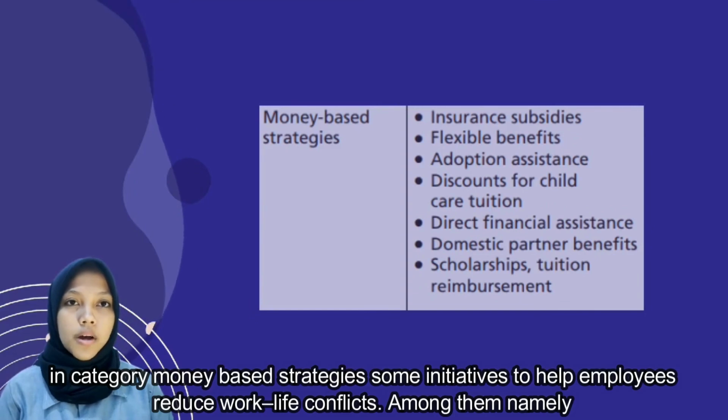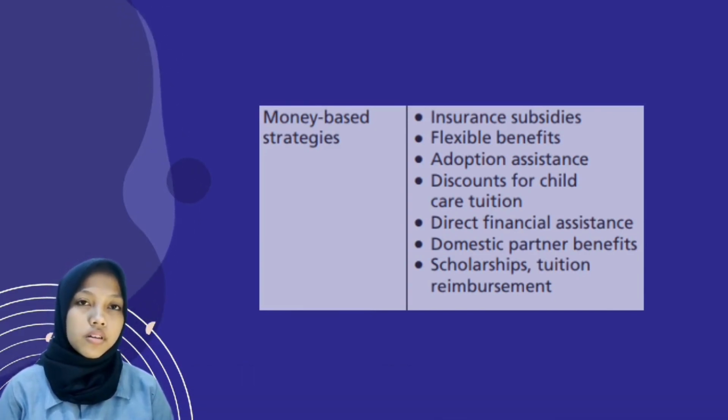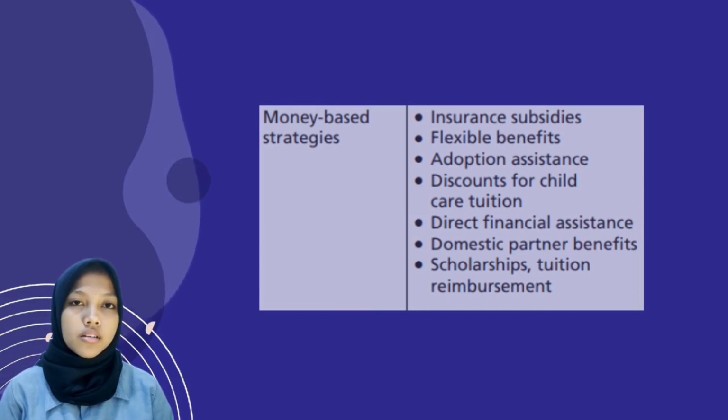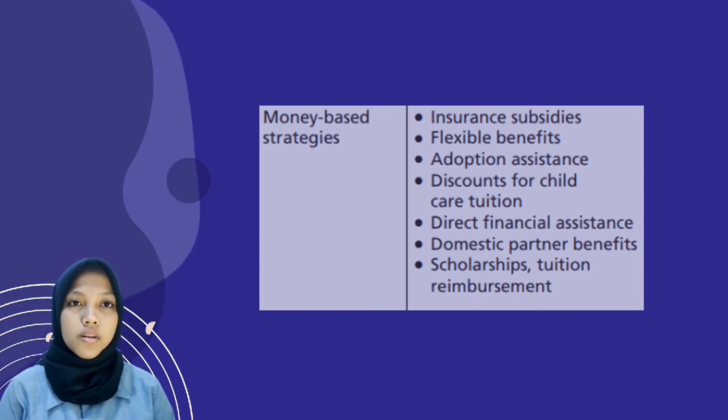Third, in the category of money-based strategies, they are insurance subsidies, flexible benefits, adoption assistance, discounts for childcare tuition, direct financial assistance, domestic partner benefits, and scholarships and tuition reimbursement.